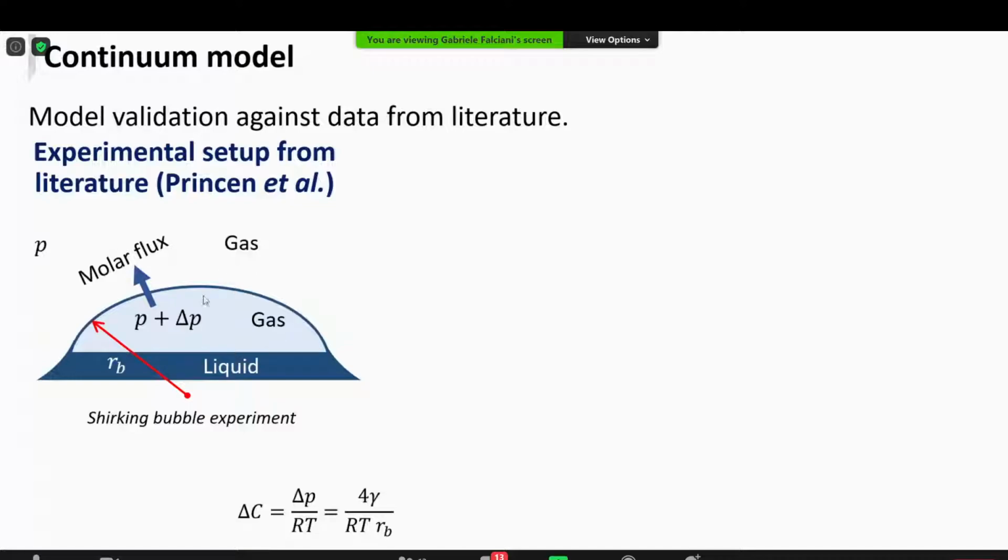On the left side of the slide, you see an experiment taken from the seminal work of Prinsen and co-workers, where they measure the permeability K and the monolayer permeability for different gases. Here, this molar flux is proportional to the difference in pressure inside and outside the bubble, due to the Laplace pressure, and the curvature radius of this bubble.